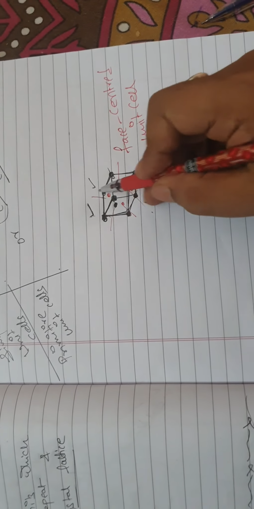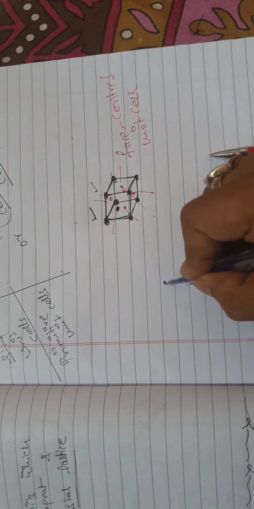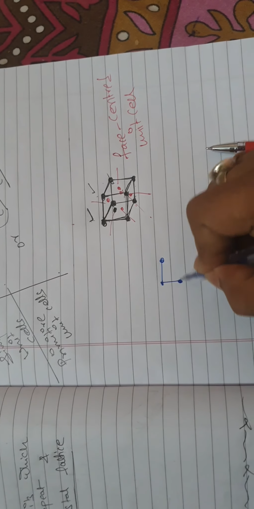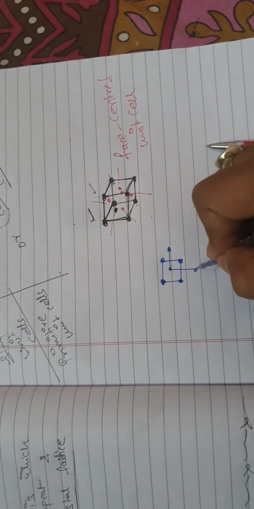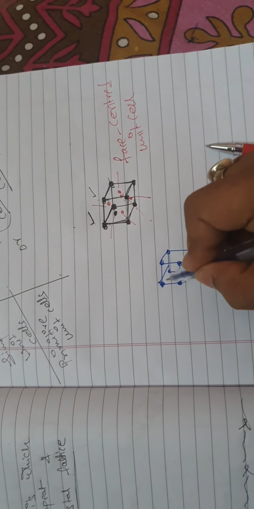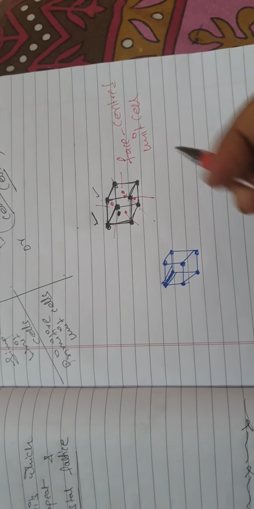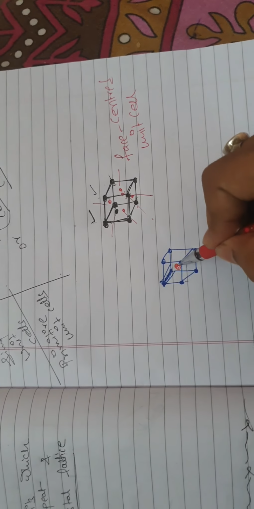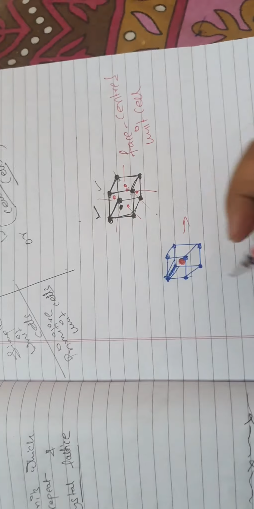Where you have to imagine that they are not just present at the vertices of this structure. Then there can be another type. Suppose this is the cubic cell, and this is possible for any other type of unit cell, not only cubic. Now there can be an atom or particle just in the middle, in the space.